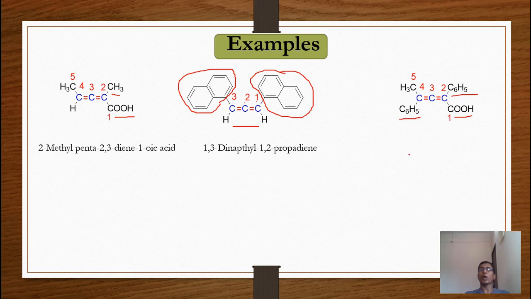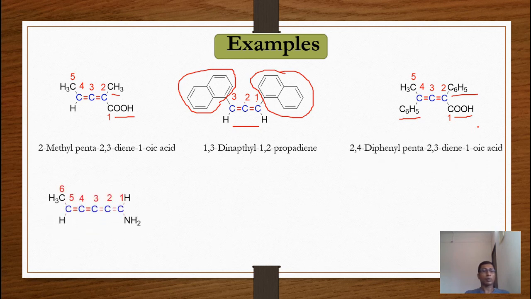Thus, the IUPAC name of this molecule is 2,4-diphenylpenta-2,3-dien-1-oic acid.